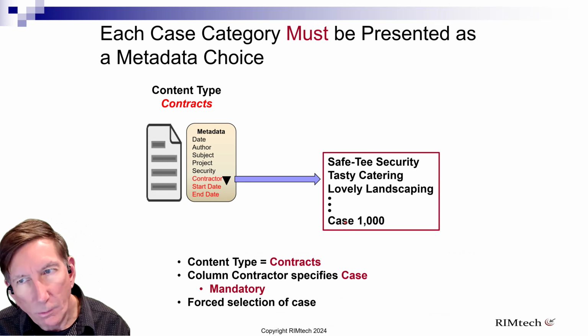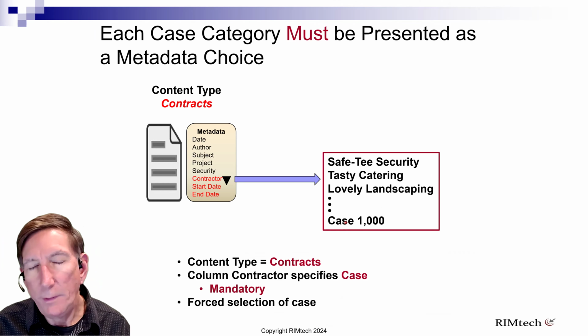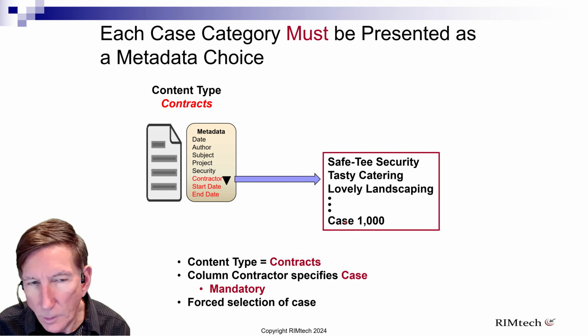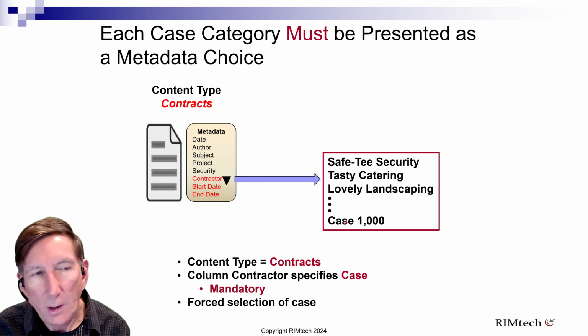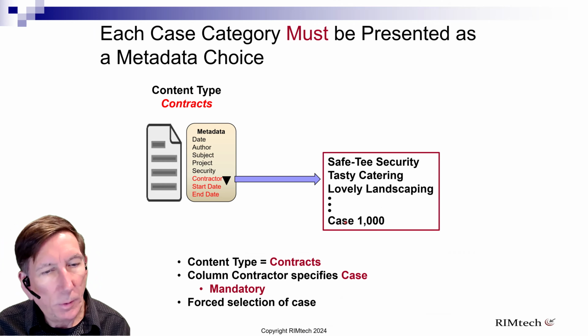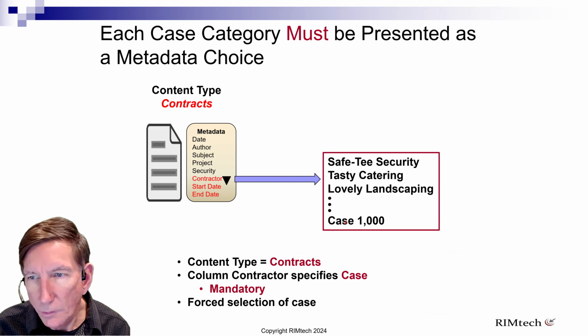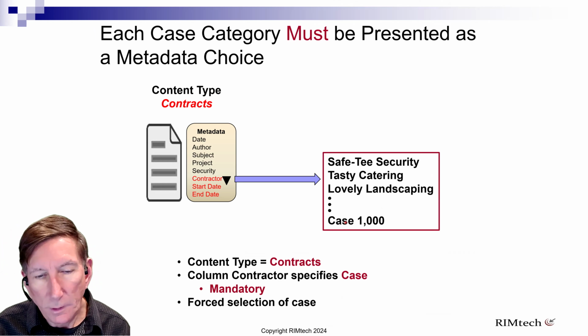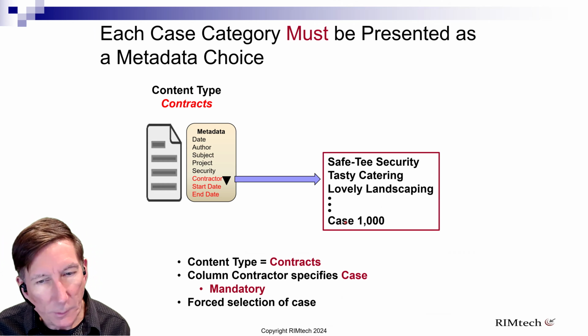Where are they going to go? Well, we have 1,000 contracts. That's 1,000 cases. That's 1,000 destinations. We have 1,000 employees. That's 1,000 more cases and 1,000 event dates. We have 1,000 projects, and that's 1,000 possible places to put project-related documents.